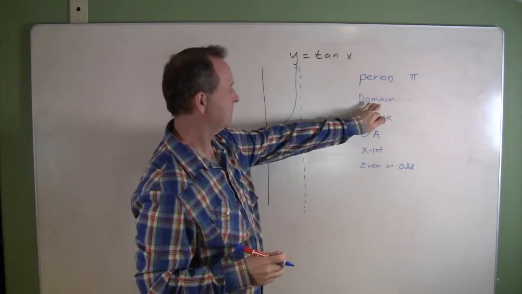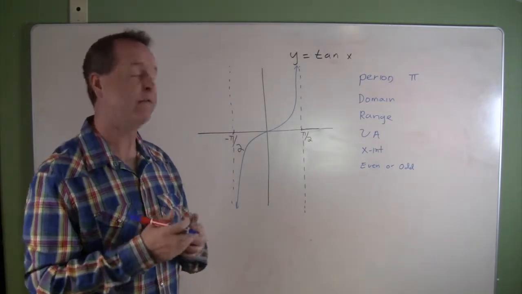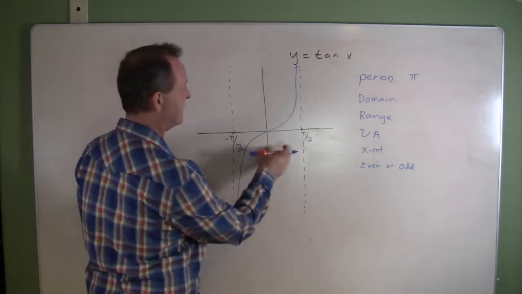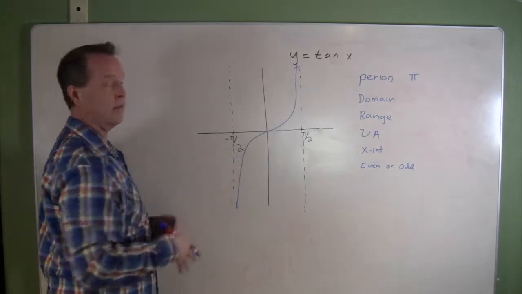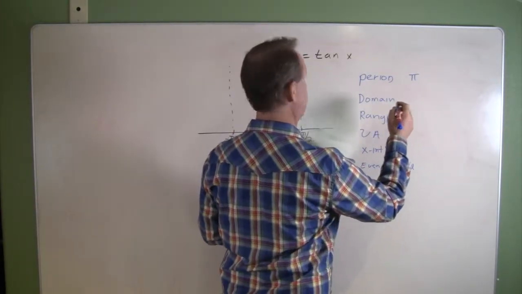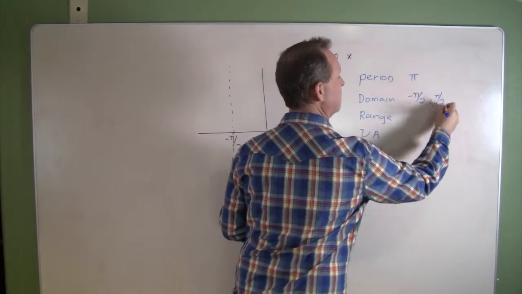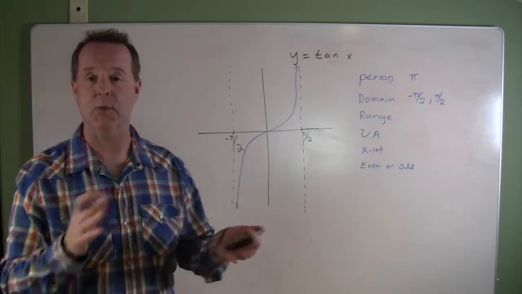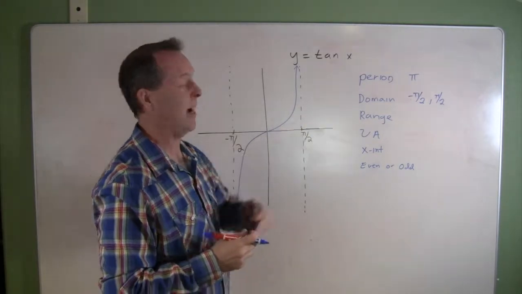Its domain is all the values that we can put in to have the function defined. And we see that it's defined everywhere except here at these vertical asymptotes, which on this particular graph are multiples of pi halves. There are two particular places within this graph where it's not defined, negative pi halves and pi halves.